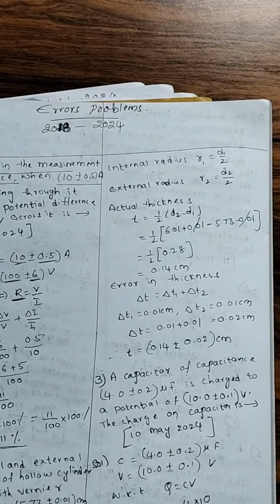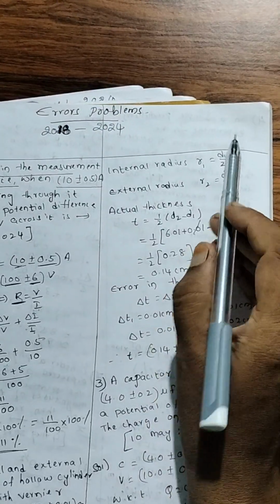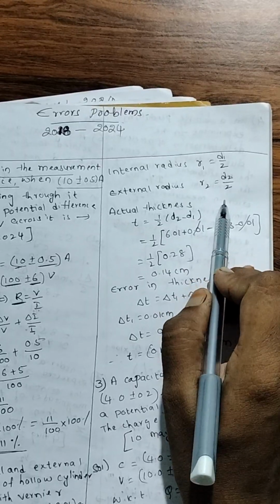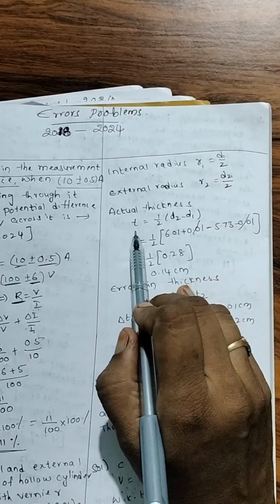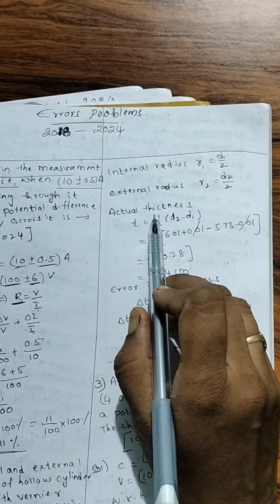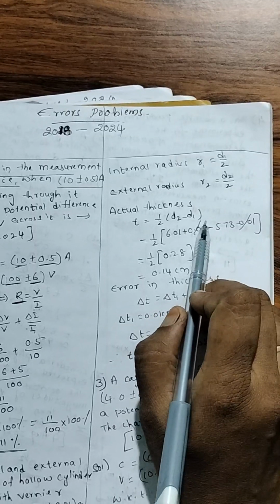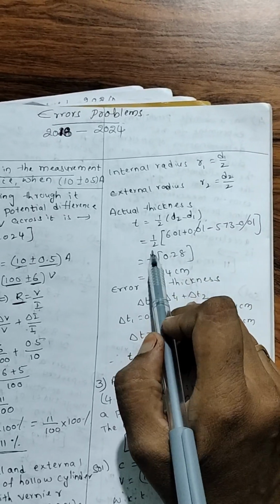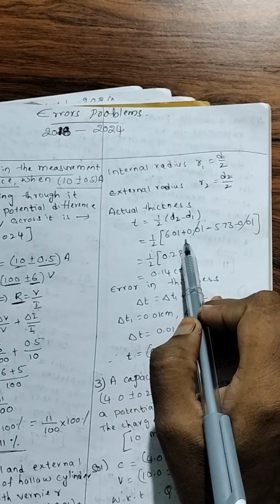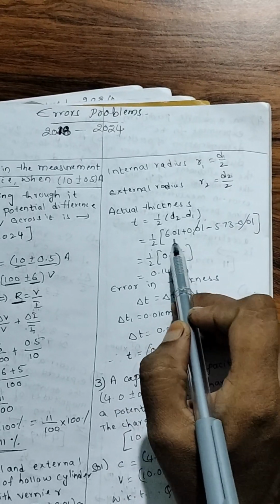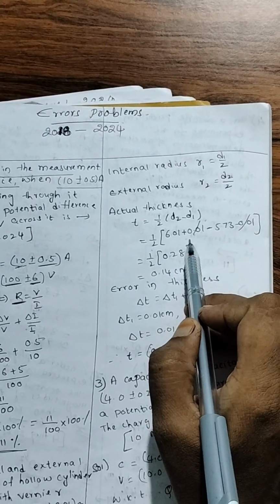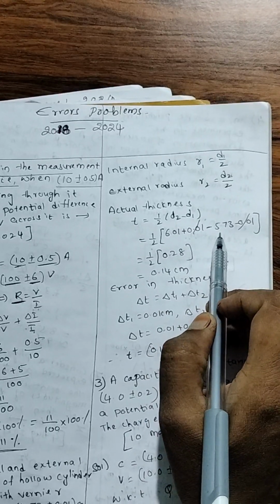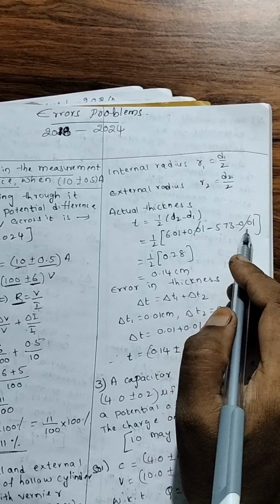Now, internal radius is diameter by 2, right? External radius is diameter by 2. So, actual thickness, the formula T is equal to half of D2 minus D1, right? That is equal to half of D2, here he gave in the problem as 6.01 plus 0.01, minus D1, 5.73 plus 0.01.